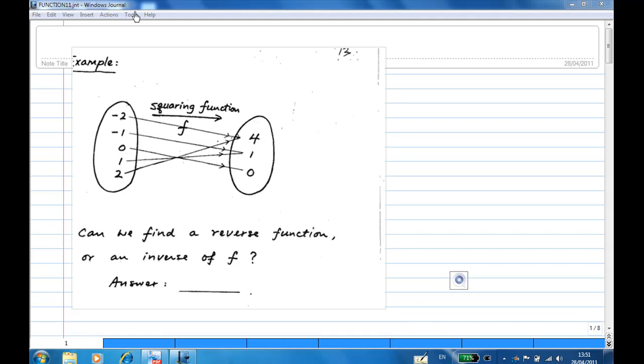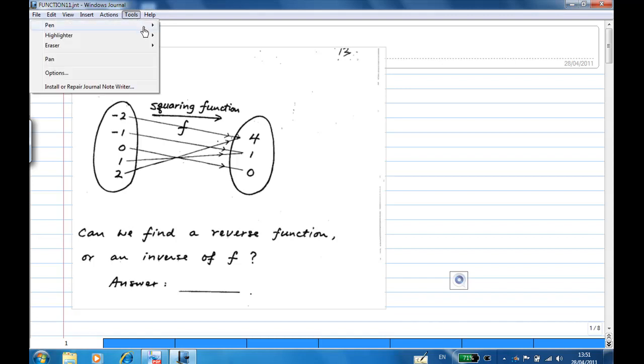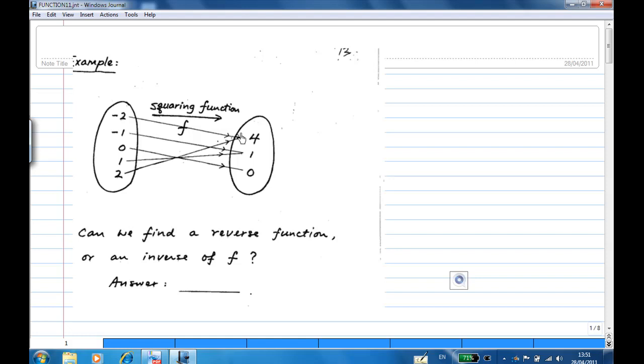Can we find a reverse? If there is an inverse function, it must be able to reverse back. So for example, you look at the point 1. We know that -1 goes to 1 under the function f, and also 1 squared is 1. But then if you try to reverse, undo what f does, f inverse will send 1 to which number?